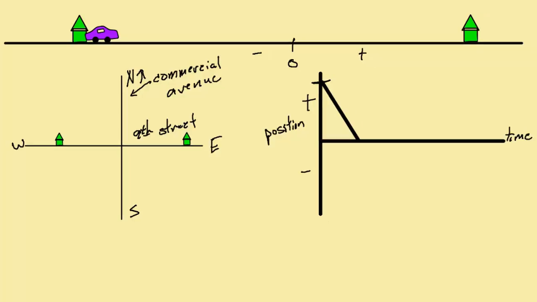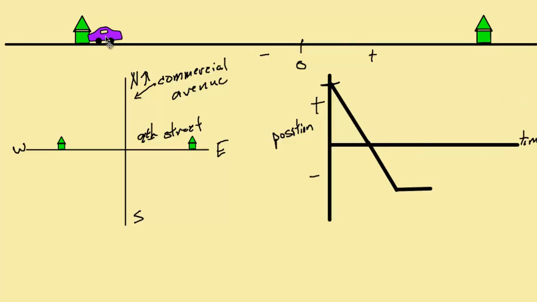So if we look at what that might mean graphically, we're going to continue to cross Commercial, and I'm trying to maintain this slope at the same rate of change until we reach the friend's house, and then we stopped, didn't we? So position is not changing over time. We stay at our friend's house for some duration of time, and then what do we do?